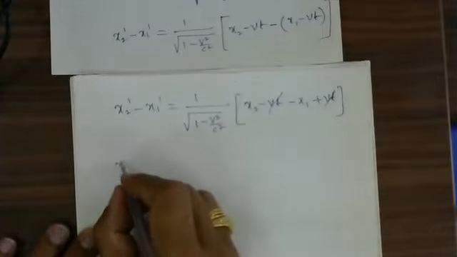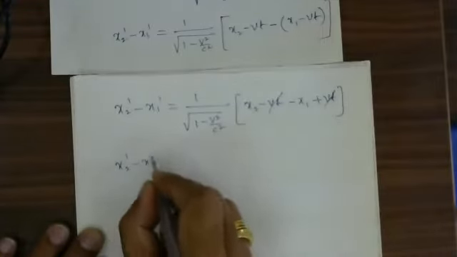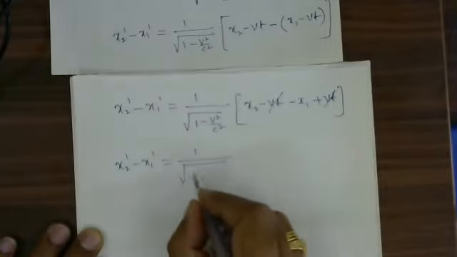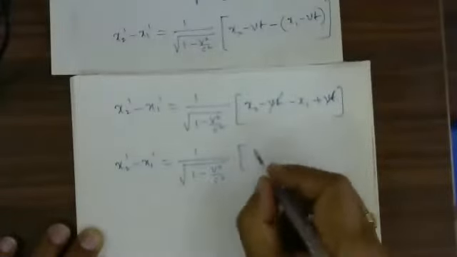Now Vt gets cancelled. Remaining thing, x2 dash minus x1 dash is equal to 1 divided by square root of 1 minus V square divided by C square, whole thing multiplied by x2 minus x1.